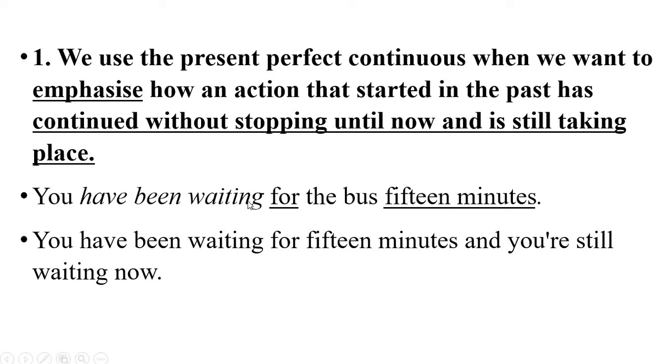You have been waiting for the bus for 15 minutes. It means that now I have met you, and you have been waiting for the bus before the point now. You have been waiting for the bus 15 minutes and the bus hasn't shown up. You mean it's always when you want to use the progressive continuous, you want to exaggerate something. You want to show that you are tired, you are angry, you are not happy.